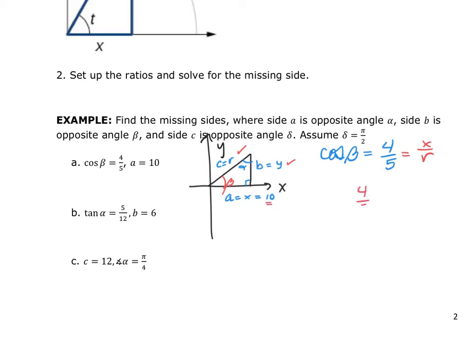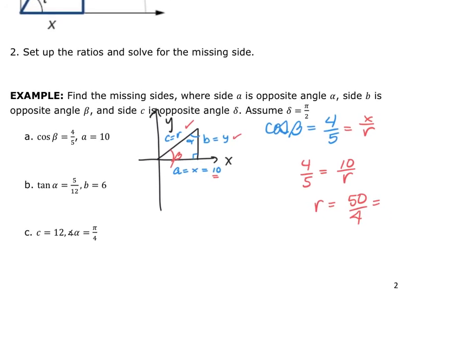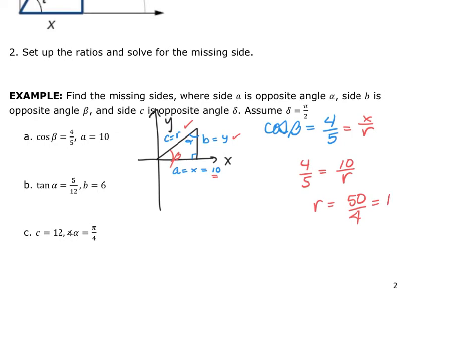So 4 to 5 is 10 is to r, which is the side c, the one that we're trying to find. So all we have to do is solve for r. We'll multiply both sides by 5 and by r, and then divide by 4. So r is going to be equal to 50 divided by 4, which is 12.5.